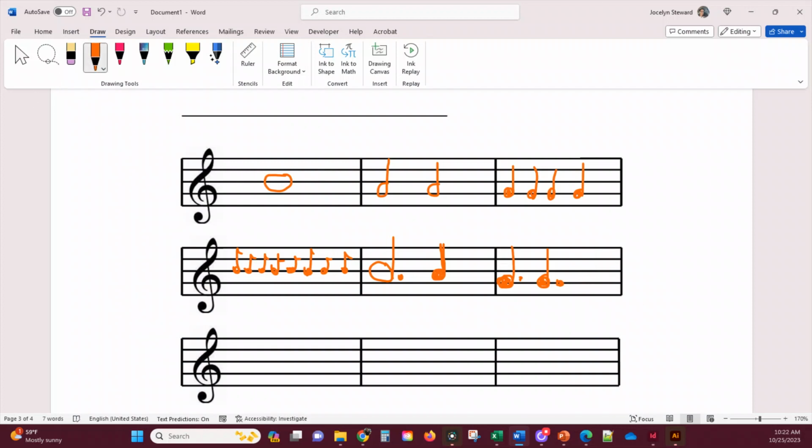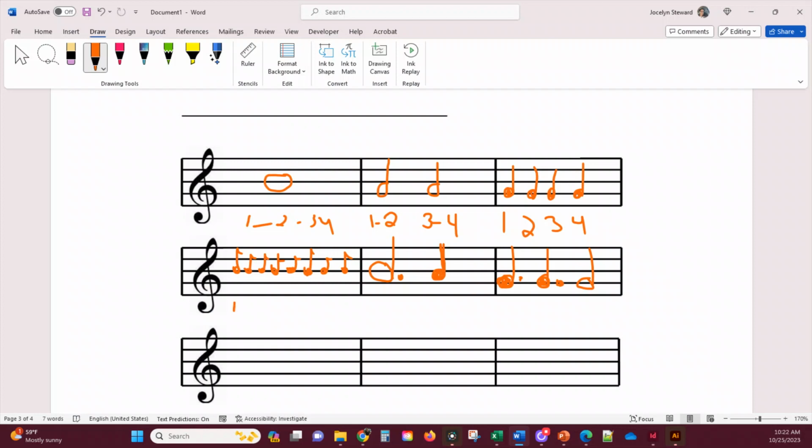I'm going to add in a half note to make it 3, 4. So this is 1, 2, 3, 4. This is 1, 2. And if you ever get stuck, this is what you do: 3, 4. 1, 2, 3, 4.